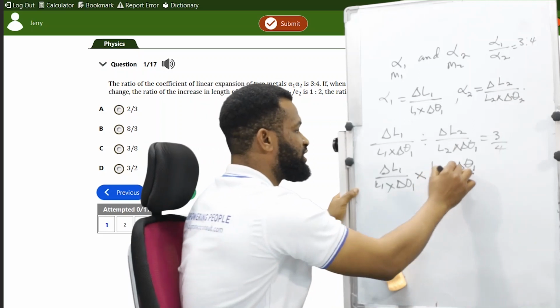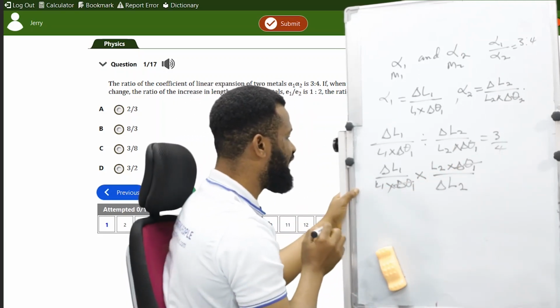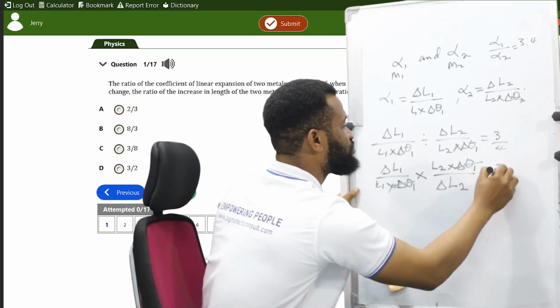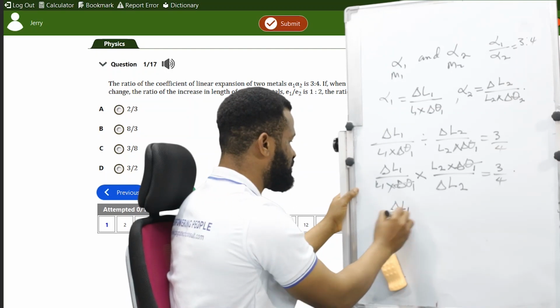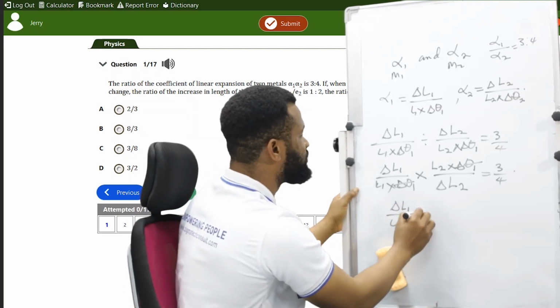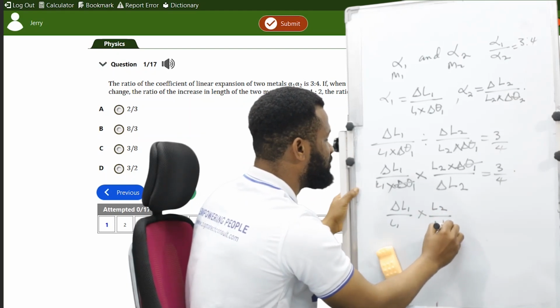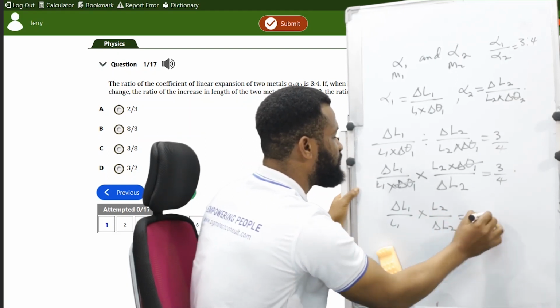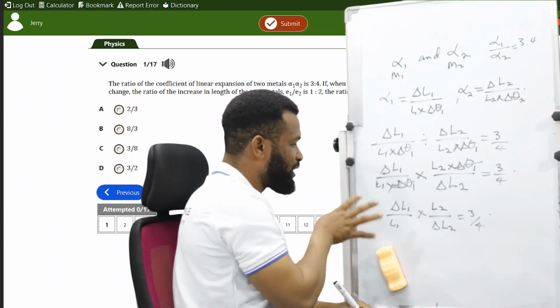Now, this will cancel this, all right? So I have that, and this is going to be equal to 3/4. So everything now has change in L1 all over L1 times L2 all over change in L2 is going to be 3/4.